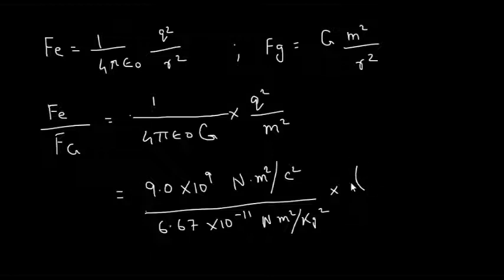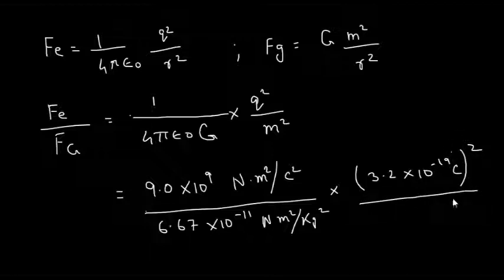The value of q is given, 3.2 into 10 to the power minus 19 coulomb whole square, upon the mass, 6.64 into 10 to the power minus 27 kg whole square.